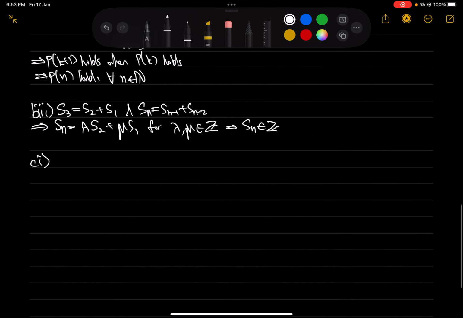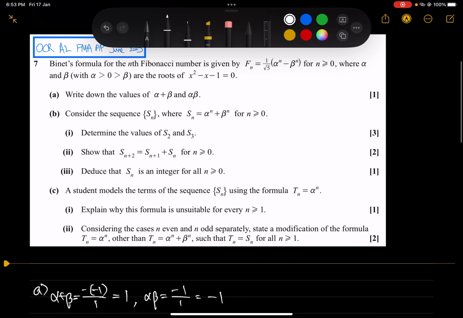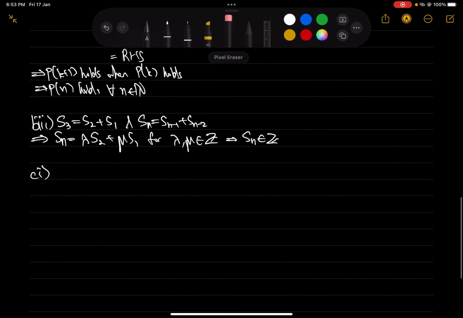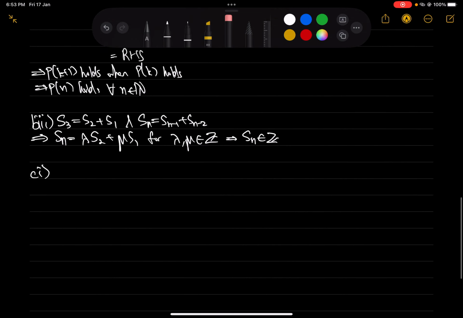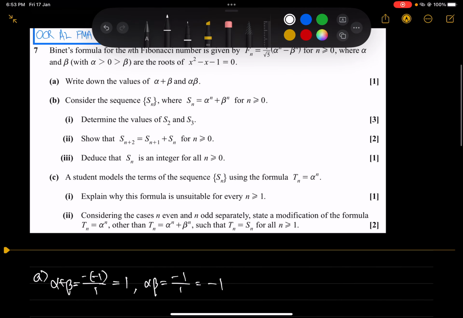C1 wants to explain why Tn is unsuitable for the sequence. So we know that alpha^n does not belong to the integers, because alpha is not an integer.